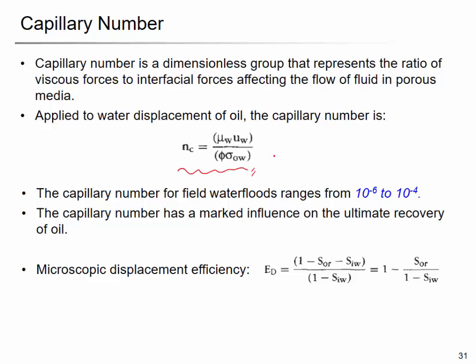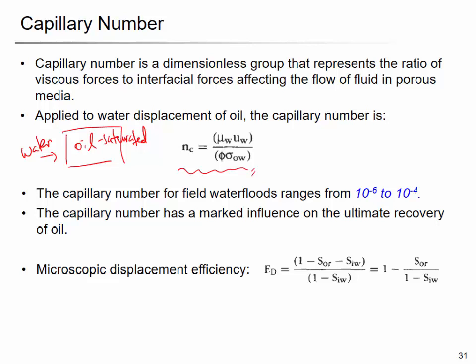You have an oil-saturated rock core, and injecting water to produce the oil. So then you use the viscosity of the water, and U is the velocity, and the P is porosity, and the sigma is the interfacial tension.